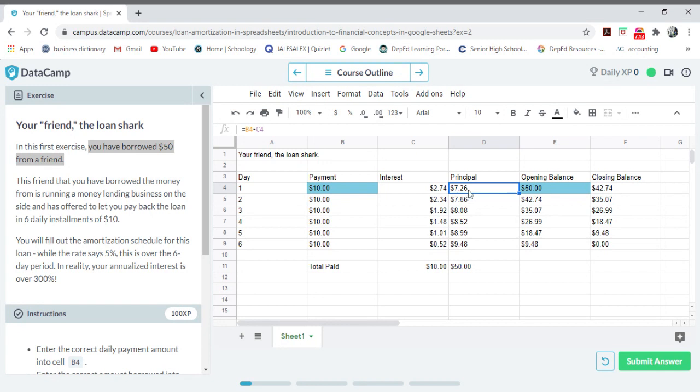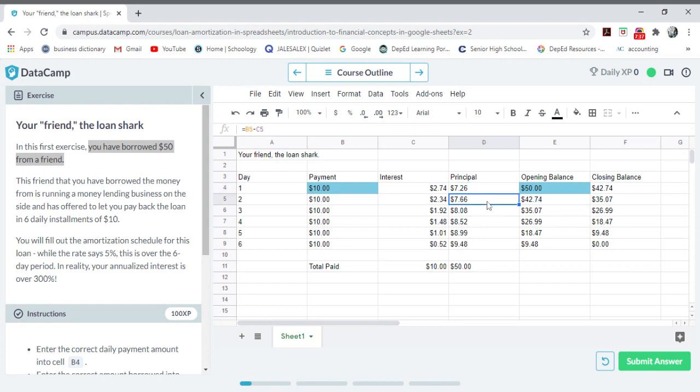All you need to do is to subtract your interest from your payment. That's why in your module, you have a formula which is payment minus interest. So again, for day one, you have the principal of 7.26.